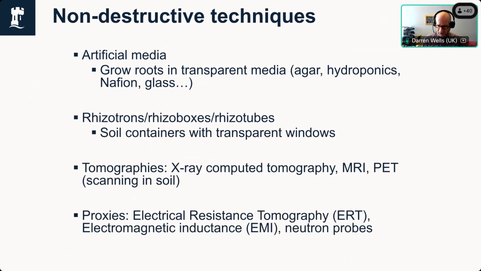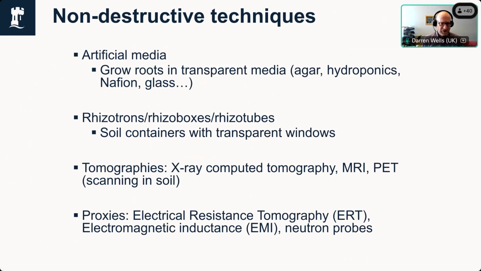For a long time, agar has ruled the roost, but there are other transparent gels you can use. Hydroponic systems, Nafion acts like a kind of transparent substrate, and glass beads have been used. This gives you the structure of soil or something soil-like, but because it's transparent, you can take pictures of it. You can use rhizotrons in various flavors, rhizoboxes, rhizotubes.